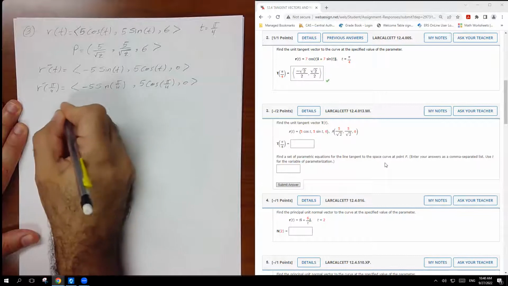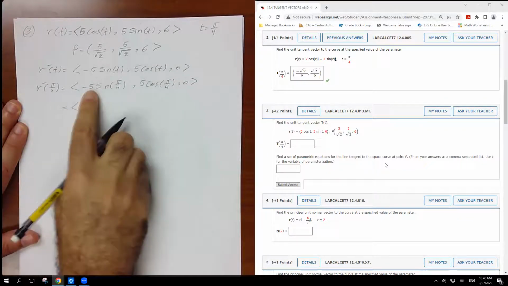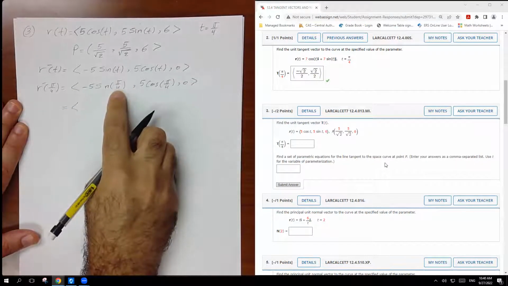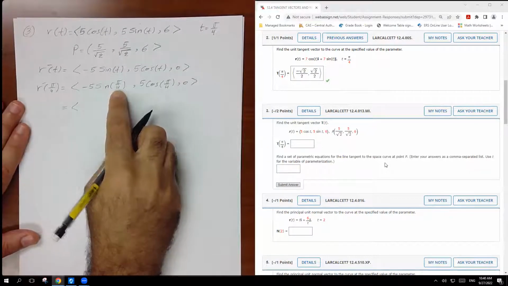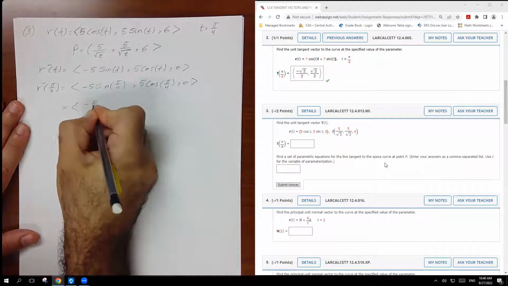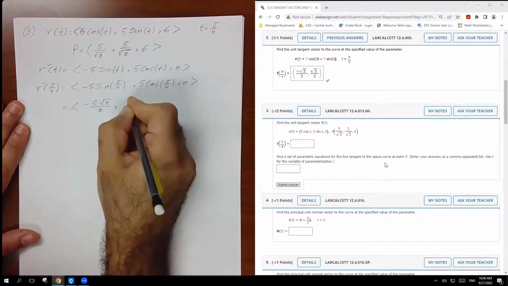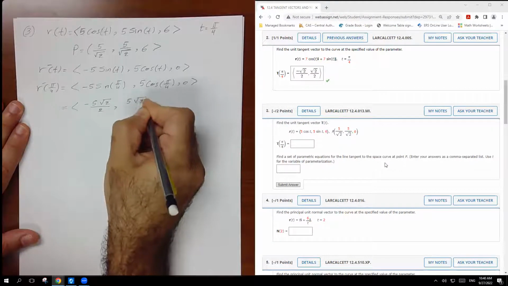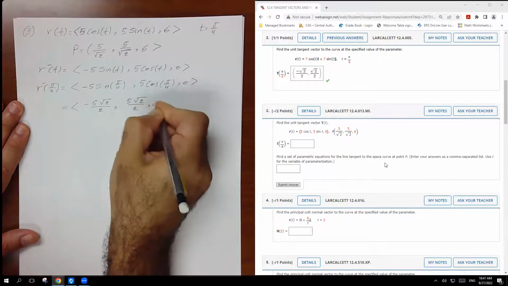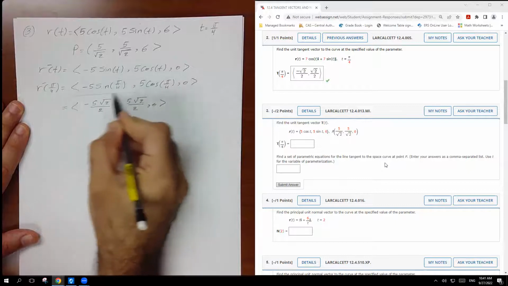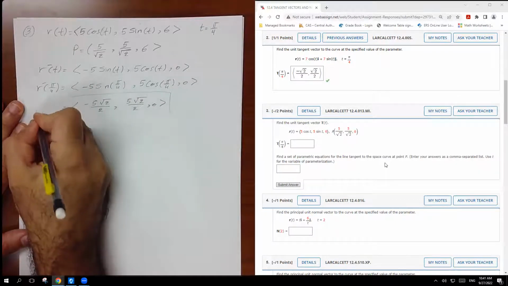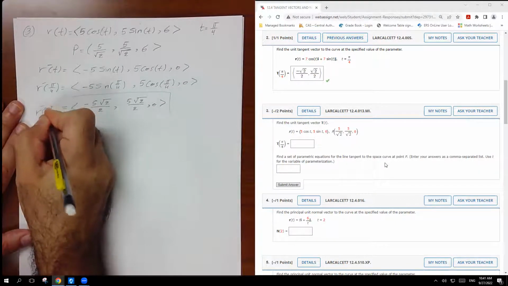So it's going to be negative 5 square root of 2 divided by 2, and 5 square root of 2 divided by 2, and 0. I'm going to put a second mark on this one because I'm going to use it. This is r prime of pi over 4.